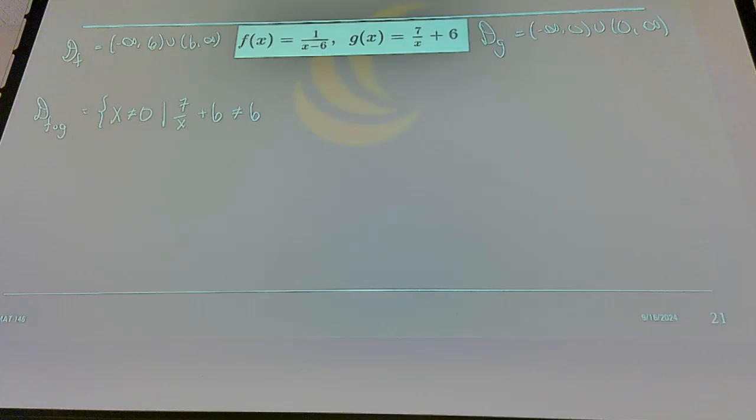Which would mean that 7 over x can't be 0, right? So where does 7 over x equal 0? Never. So there's nothing to really consider other than x can't be 0.